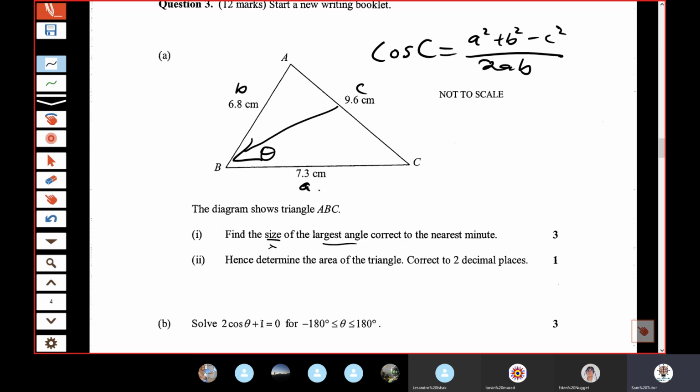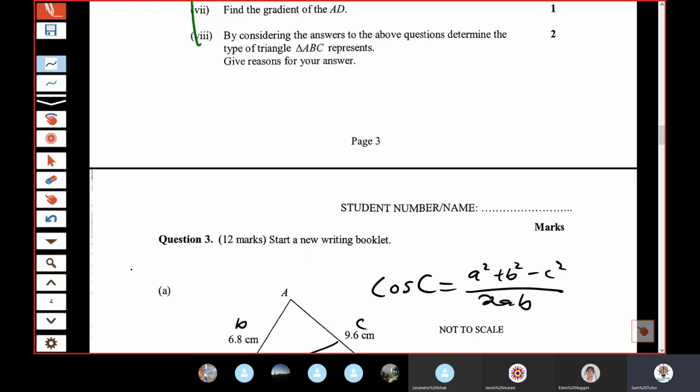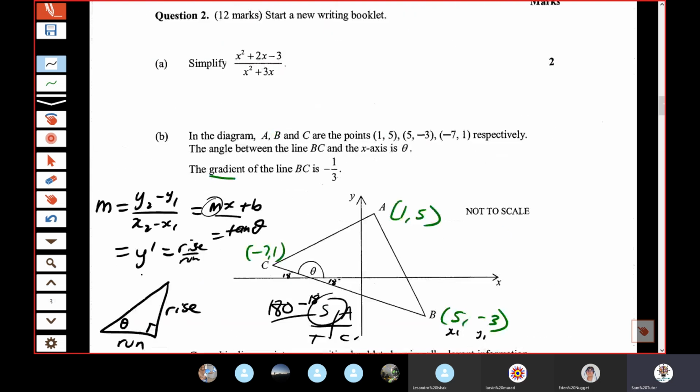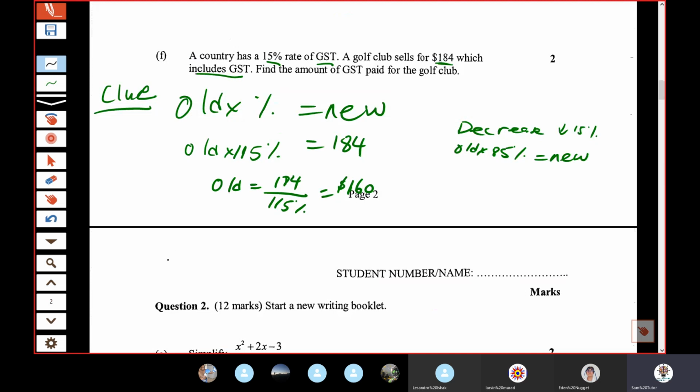Okay, questions at this stage? No? Okay, what did you guys come up getting for which F was it? Oh, 160 I think it was. Yeah. All times 115% is 180.